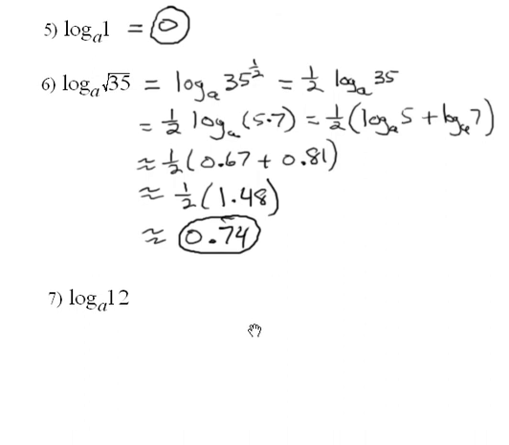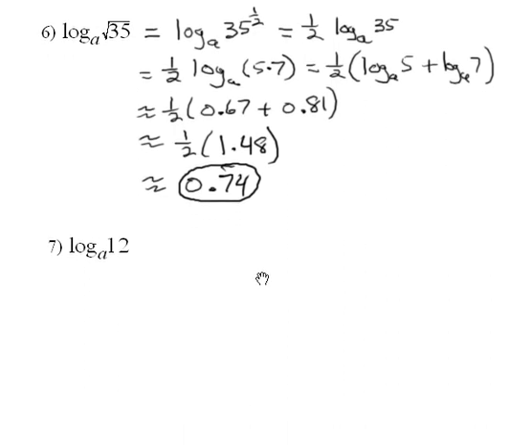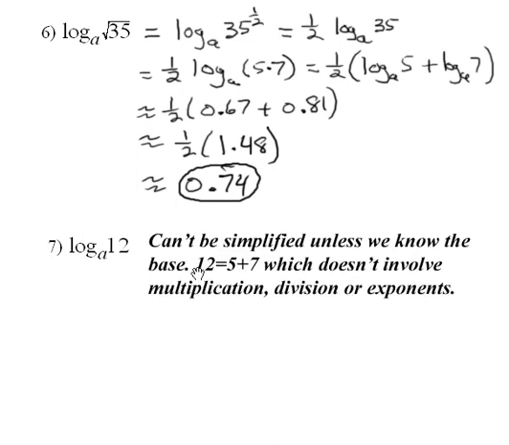Now, just like the first day we looked at Chapter 10, Section 5, we had a problem like this. This one cannot be done. I know you're thinking to yourself, 12 is 5 plus 7. Well, it is 5 plus 7. But 5 plus 7 does not involve multiplication, division, or exponents.